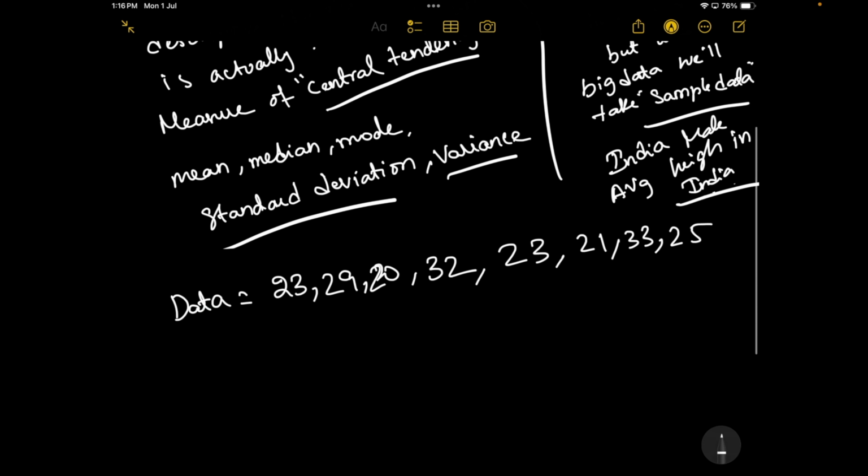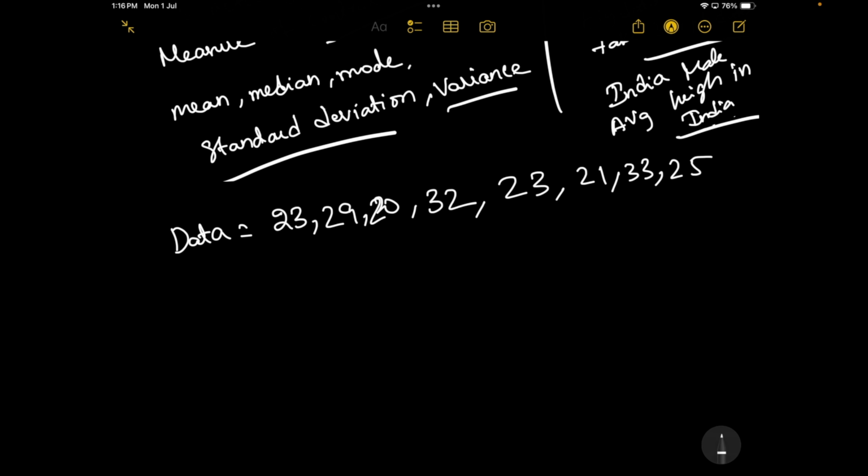How many males are there? That is millions of people. You can't go to every single person and ask what is your height, collect the data, and perform statistical analysis. That is impossible. So if you consider the entire thing as the male population, you take a sample out of that.